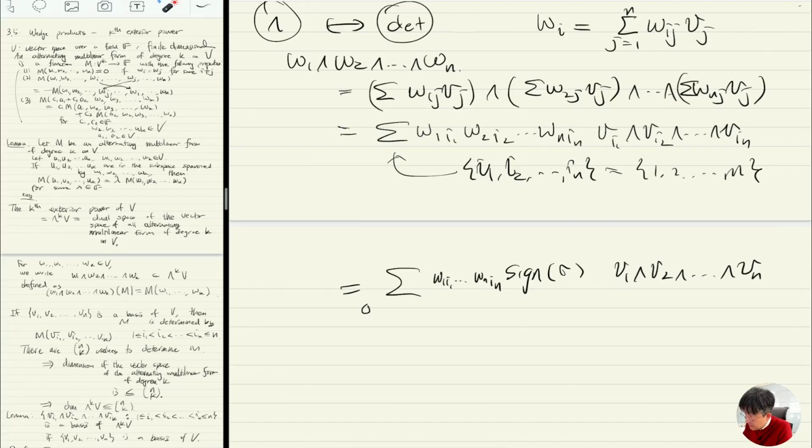Right, so sigma, okay, I should say the sum of the sign of sigma times w1 sigma(1), w2 sigma(2), up to wn sigma(n), where sigma is a permutation.